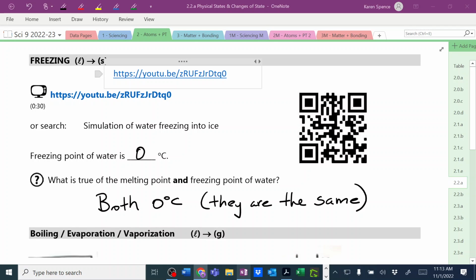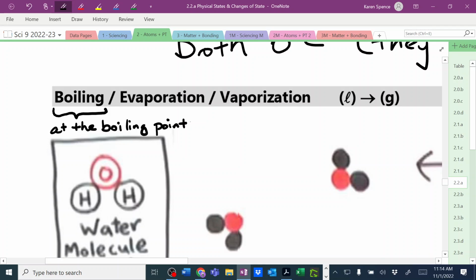So for water, what is the boiling point? Does evaporation, do you have to have 100 degrees Celsius for evaporation to happen?